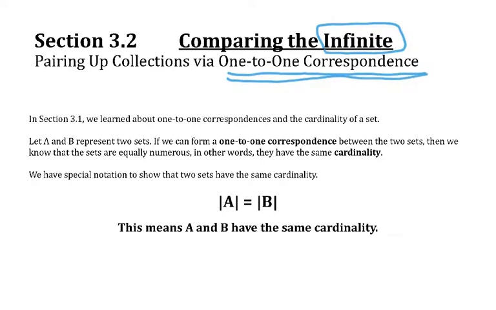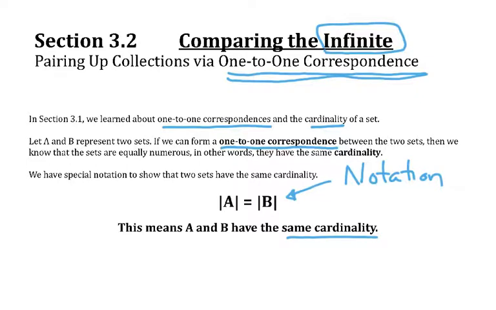Now, in section 3.1, we learned about one-to-one correspondences and what the cardinality of a set is. And we talked about how if two sets have the same cardinality, then you can create a one-to-one correspondence between them. And this is some useful notation that we need to understand.